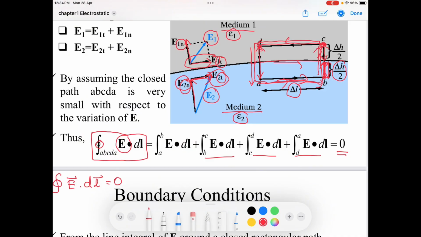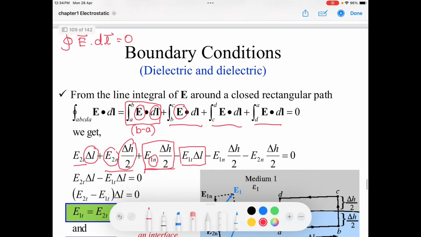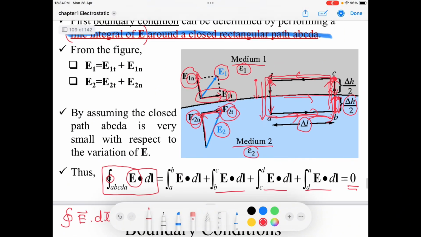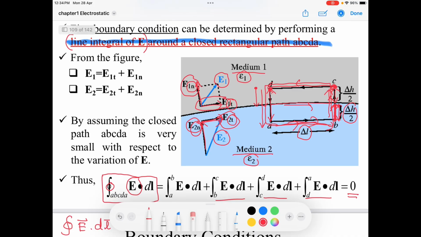This one is going up, this one is going down. So integrating from this point to this point, you use E1N, and the opposite direction gives you a negative. The length over here is delta H over 2.